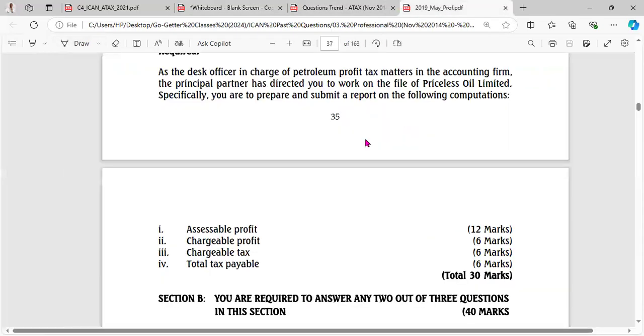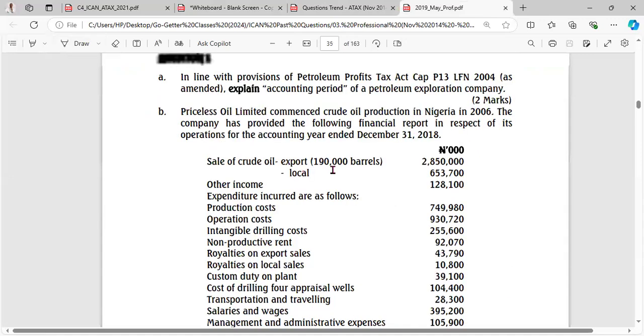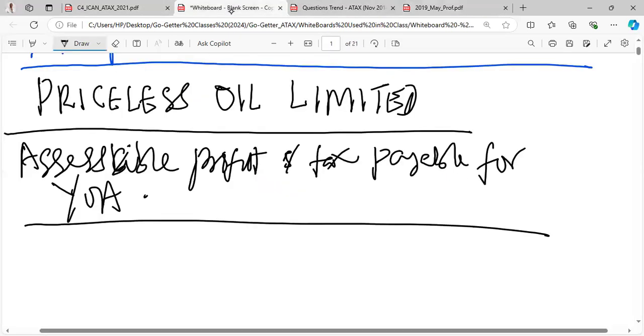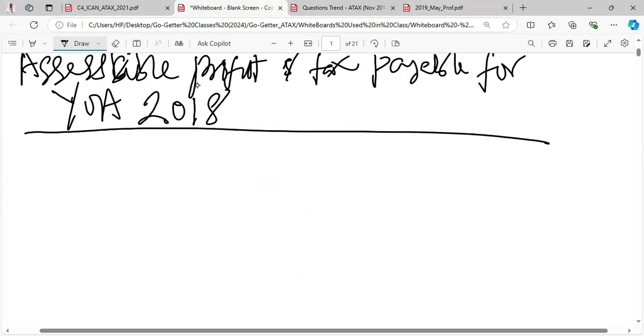All right. It's a long question. Priceless Oil Limited commenced crude production in 2006. So this is the year it commenced. The company has provided the financial report in respect of its operation for the accounting year ended 31 December 2018. So you now know that the year of assessment is 2018.